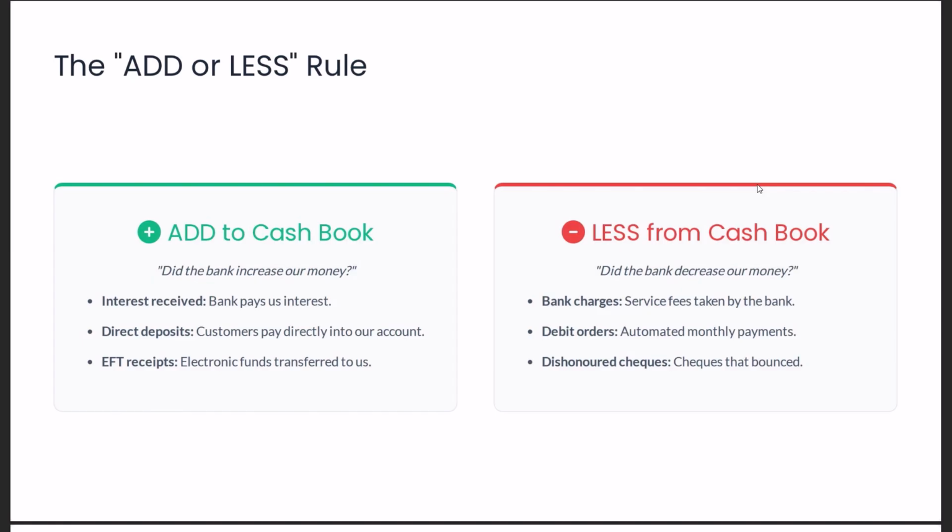In most cases, if you can identify which transactions you need to add and which one you need to subtract, these are the transactions that are key to know and understand. If you wanted to add transactions, you would use the cash receipt journal. And if you wanted to record payments, you would use the cash payment journal.